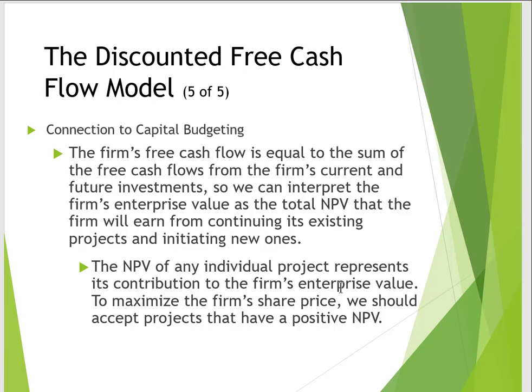So the net present value of any individual project represents its contribution to the firm's enterprise value. So to maximize the firm's share price, we should accept projects that have positive net present value.